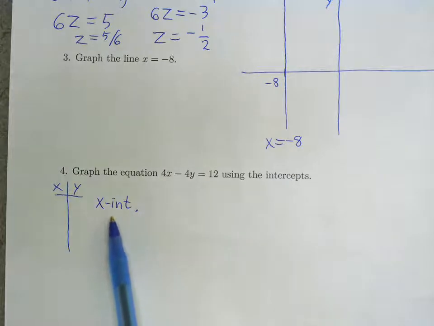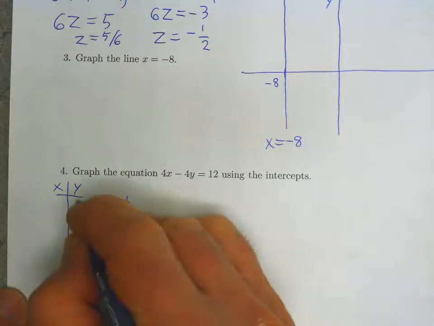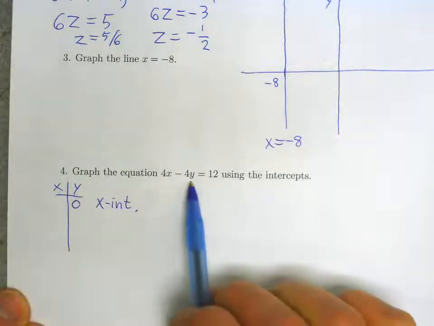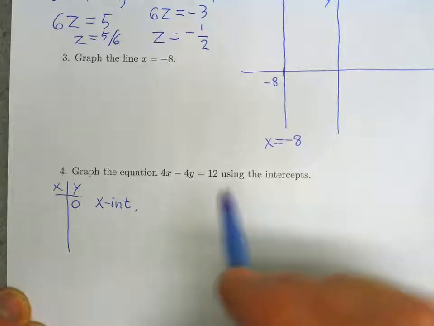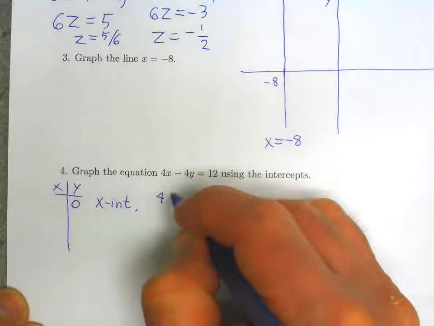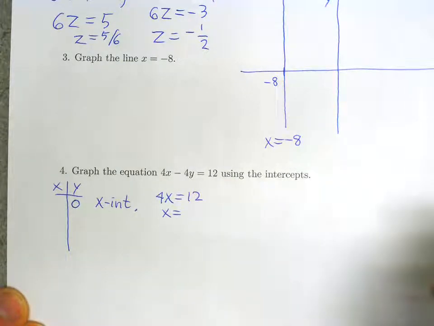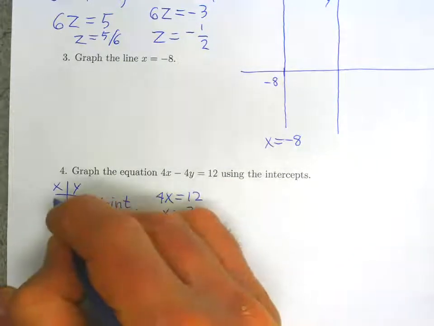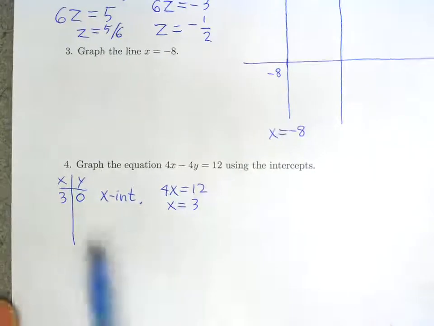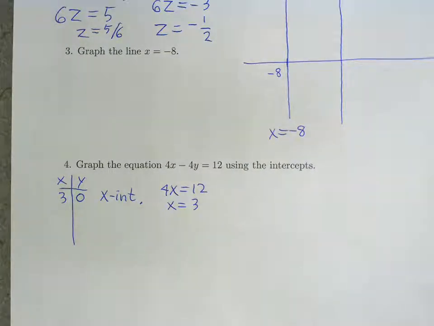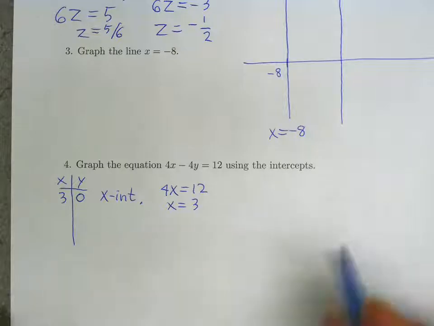Every x-intercept has a y-coordinate that's equal to 0. So in the equation, replace y with 0, and we're just left with 4x equals 12, and then solve for x, x equals 3. Okay, so the ordered pair 3, 0 is the x-intercept.